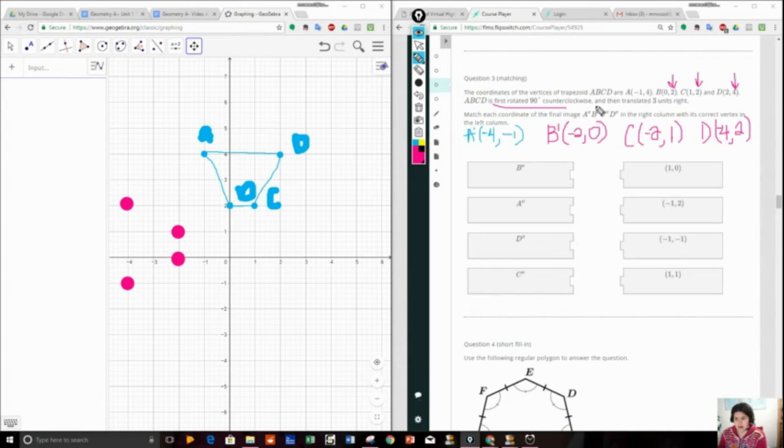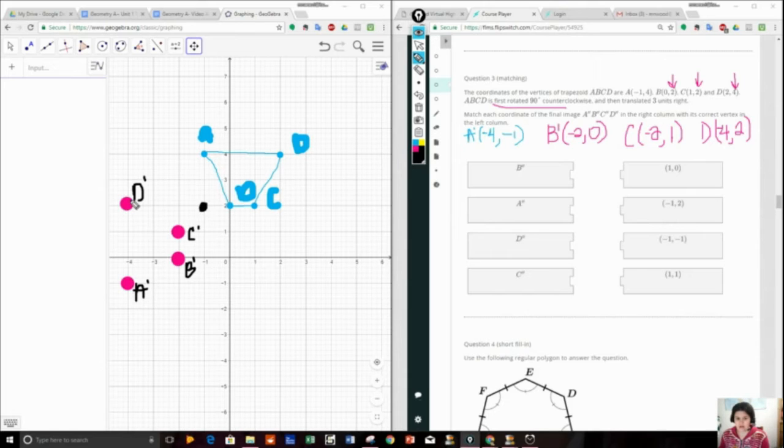And then now it needs to be translated 3 units right. So what that means is let's pick it up and move it 3 units to the right. So now A double prime would be 1, 2, 3. I apologize, this would be D. This is A, B, C prime.